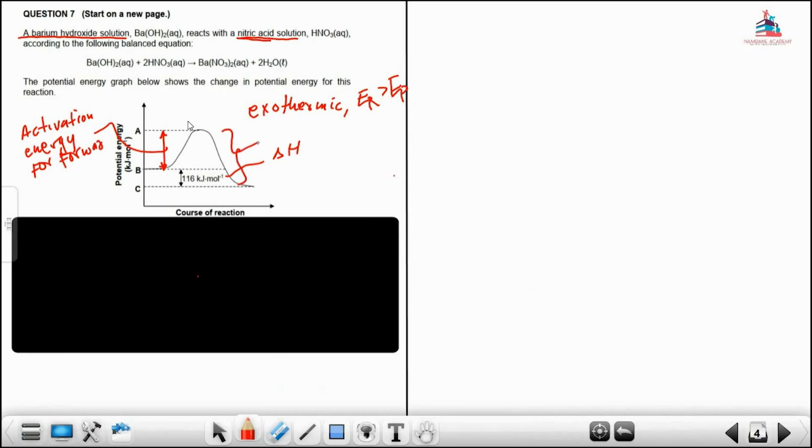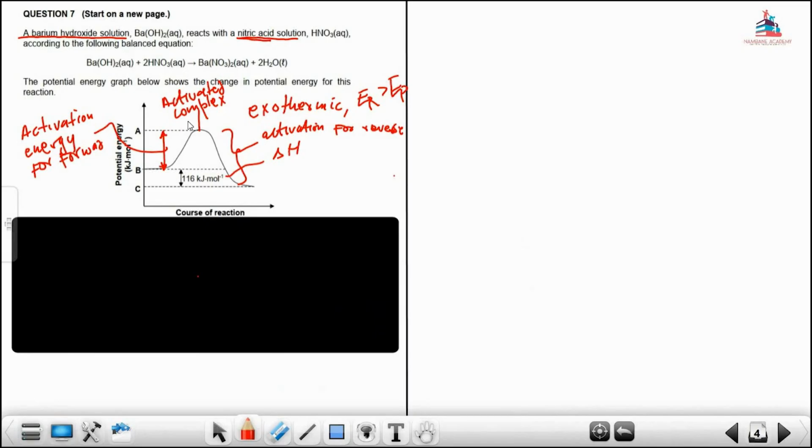And then this one here, now, activation energy for the reverse. And then I can say this one here is my activated complex. Very good.